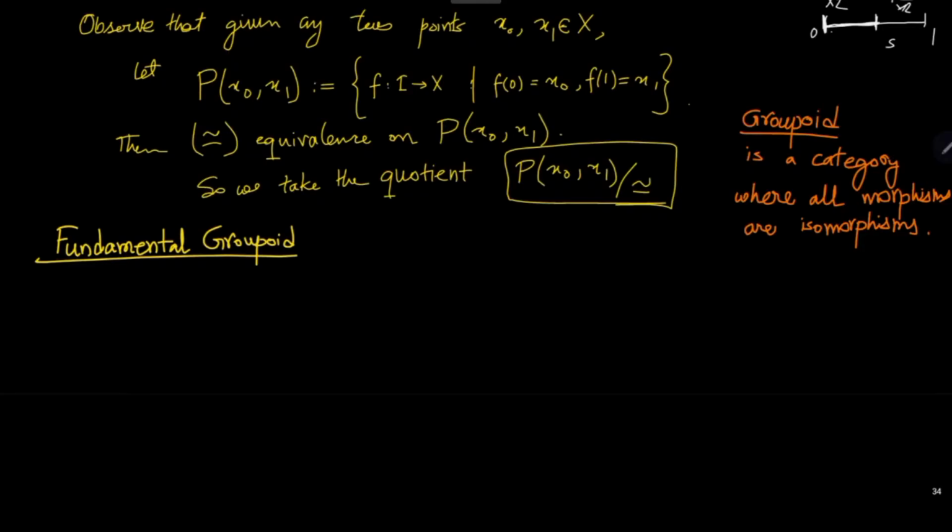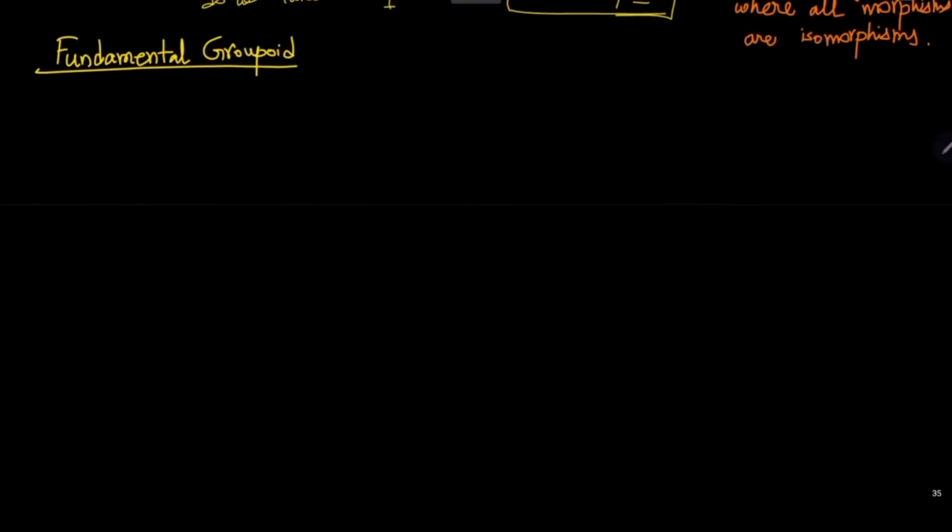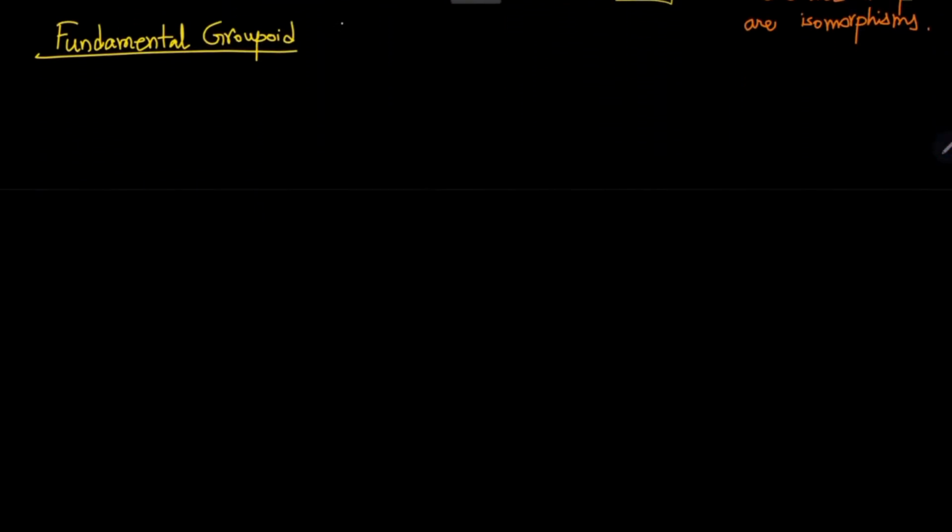So that is what a groupoid really is: a category where all morphisms are isomorphisms. We define the fundamental groupoid by this. We call it pi1 of the space X. This is capital Pi, not small pi.